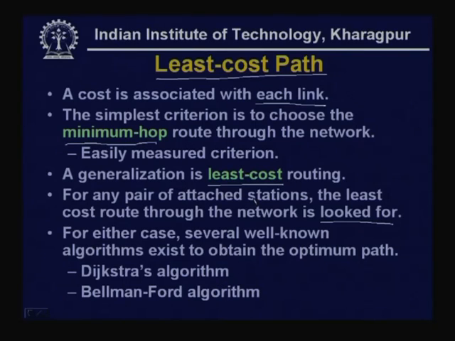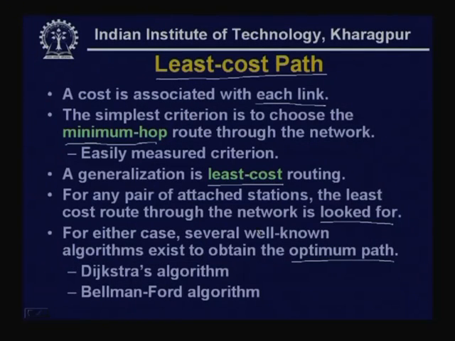For this, several well known algorithms have been developed to obtain the optimal path. These two algorithms are very popular: Dijkstra's algorithm and Bellman-Ford algorithm. These two algorithms are quite similar and performance is also similar.